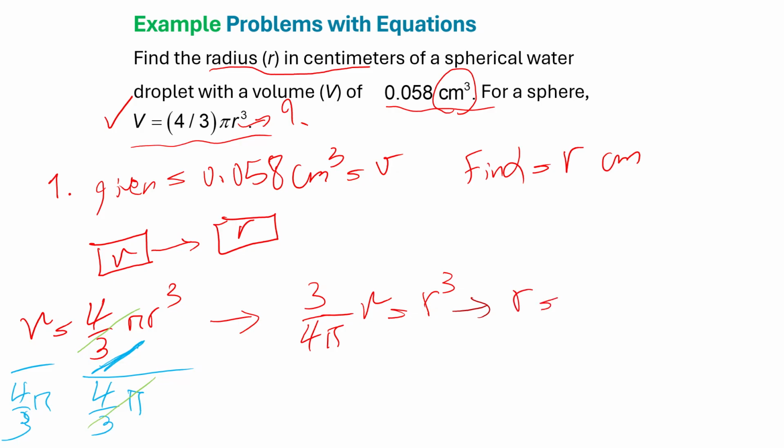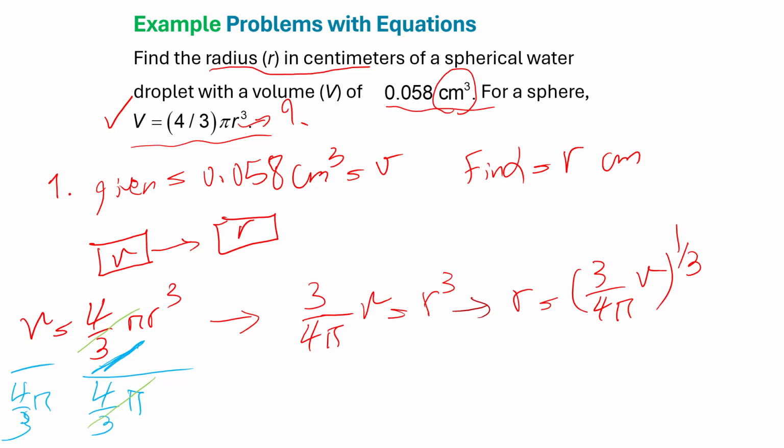R equal 3V over 4 pi, and to the power of 1/3. And it was like that.